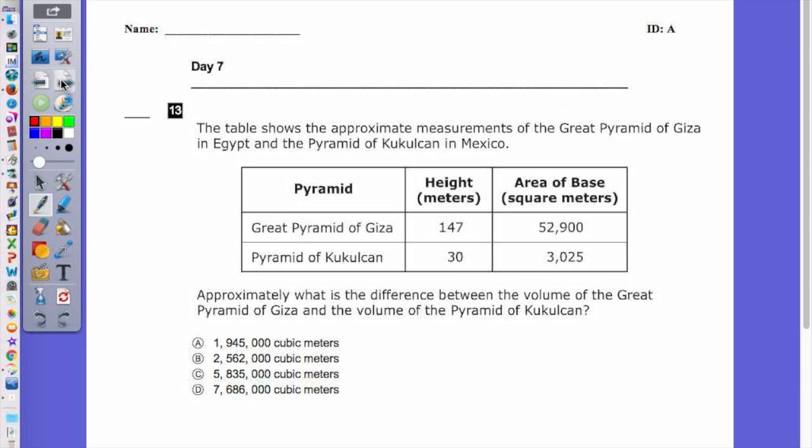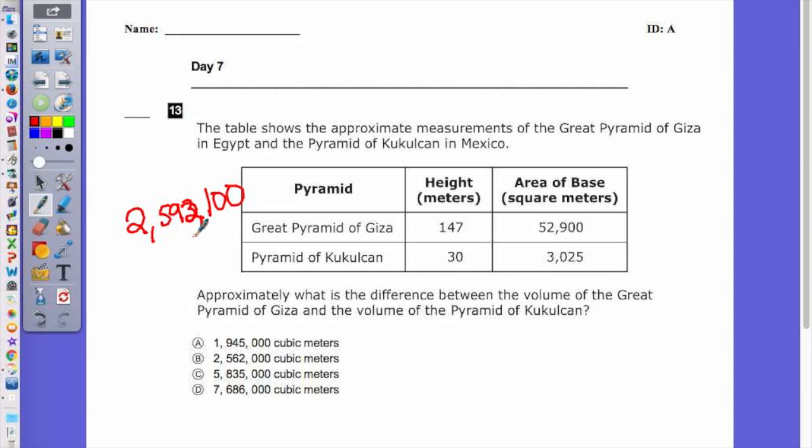It has a pointy top. Okay, square base, 4 sides. So when I did that, the Great Pyramid of Giza had a volume of 2,593,100. Do you guys agree with me? I'm trying to read my writing from 2 weeks ago. 2,593,100, or is it 592,000? I got that. Okay, 92.